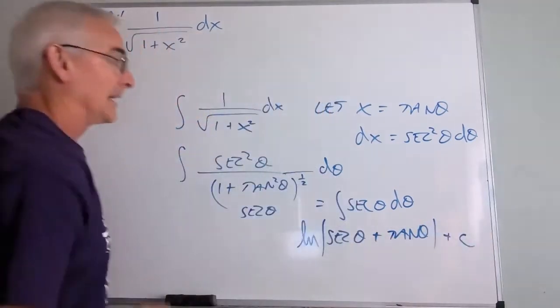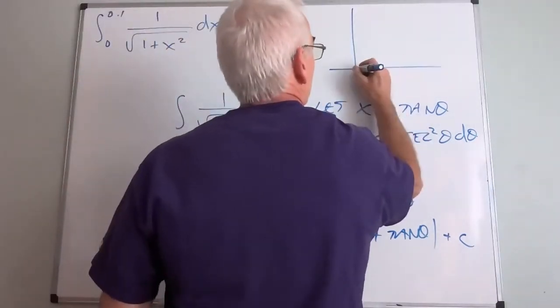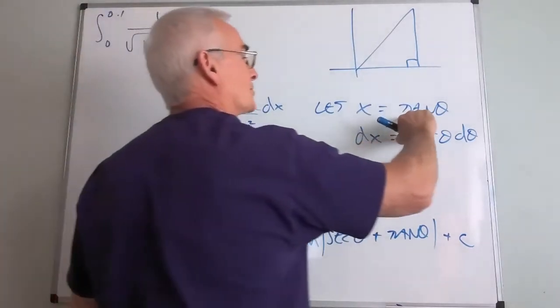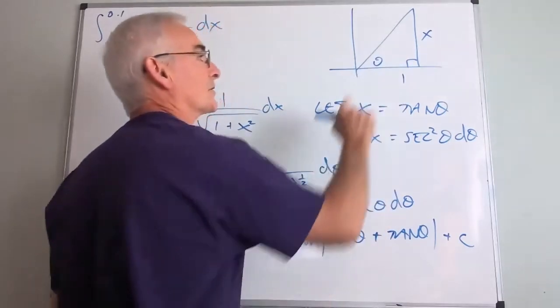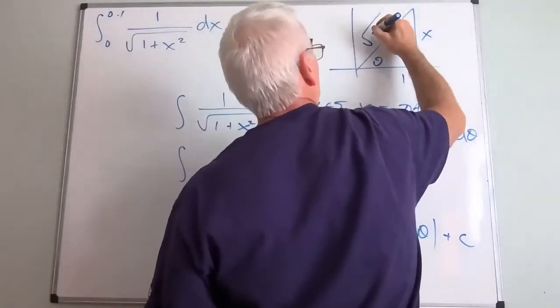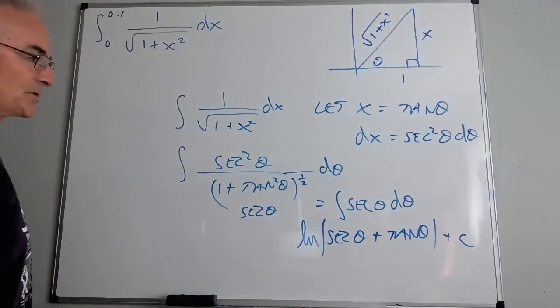Okay. And then finally, what would I do? We go back to our triangle. If x equals the tangent of theta, then I would want an x and a 1, so that the tangent of theta is x over 1, and then that would be 1 plus x squared. Aha, that looks exactly like what it's supposed to be.